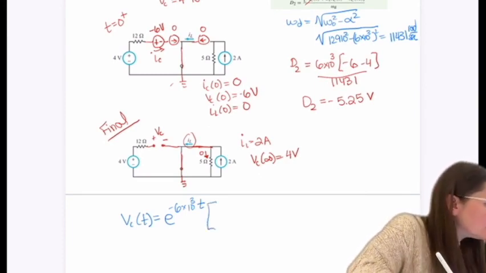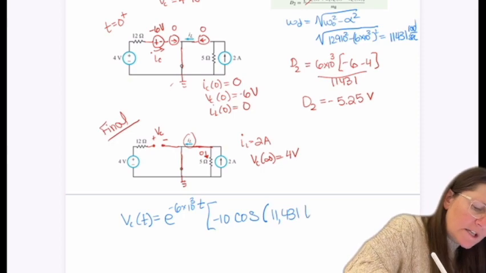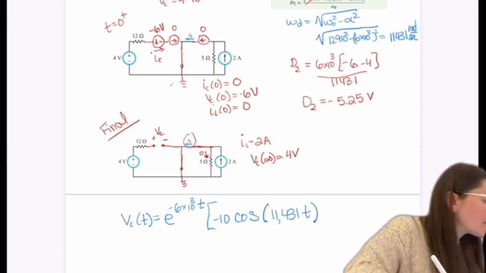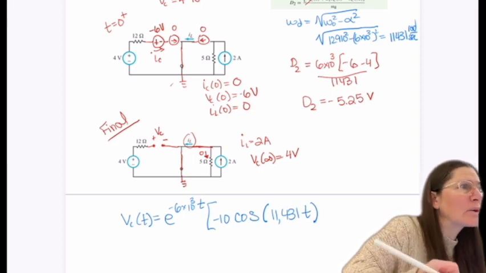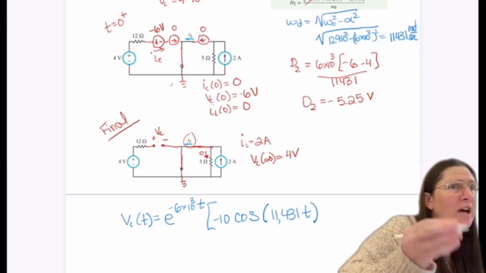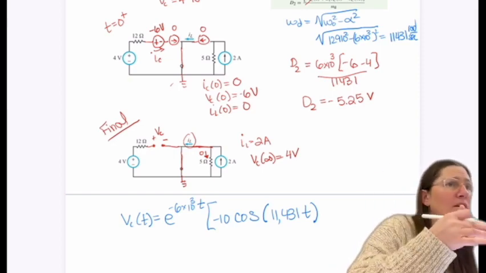D1, which is -10 cosine 11,431 t. Note that that's multiplied. So if I was to ask you a time, you would have to multiply that 0.5 micro by the 11,431 and then take the cosine of it.